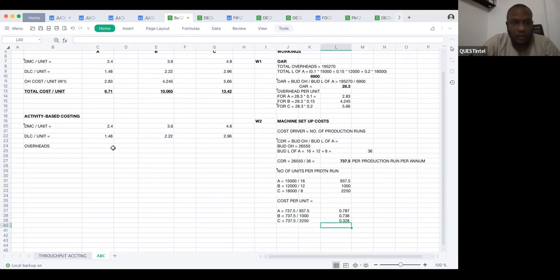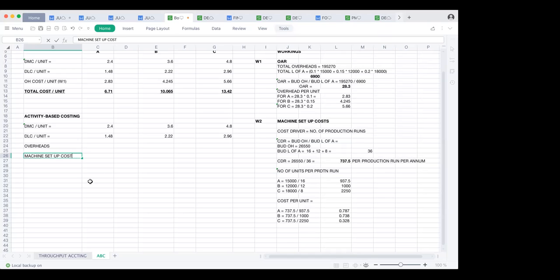All right, so we have those figures. So what are our cost drivers? What are our activities now? So we have machine setup. That's the one we're doing now. What's the next one?